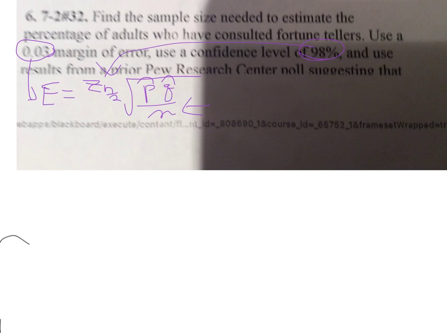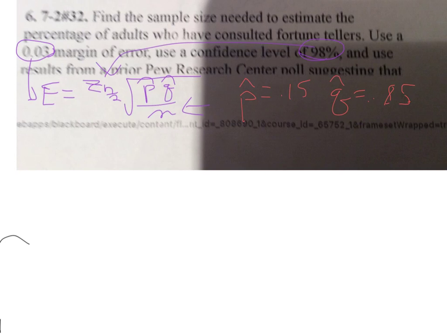Sorry, I'm looking in too many different places at once. Sorry, that's on the next page, that's why. So p hat is 15% of adults that have consulted fortune tellers. And so p hat is 0.15, which makes q hat 0.85, okay? So we actually quickly have filled in all of the information that we needed except for n.